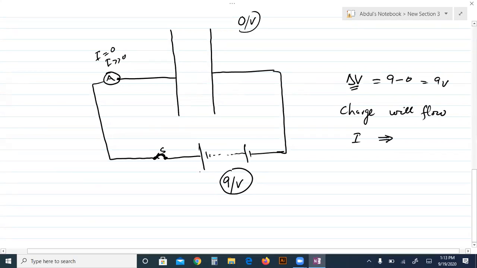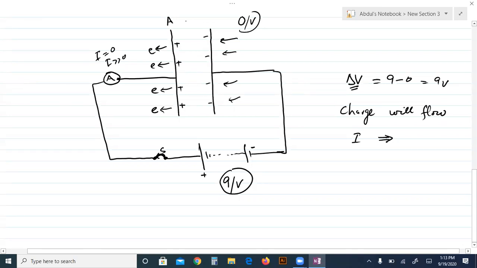Now, the positive terminal of the battery is gaining electrons from this plate. So due to the loss of electrons from this plate, it will gain positive charge. And the negative terminal of the battery is sending electrons to this plate. So after gaining electrons, it is negatively charged.